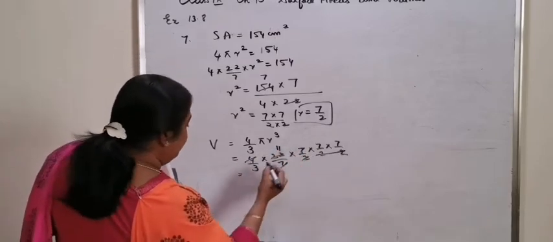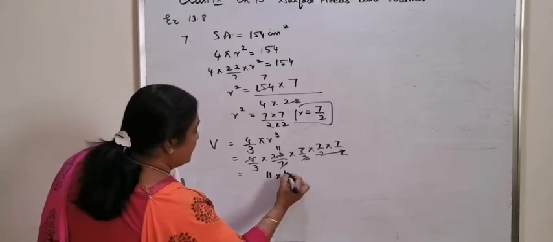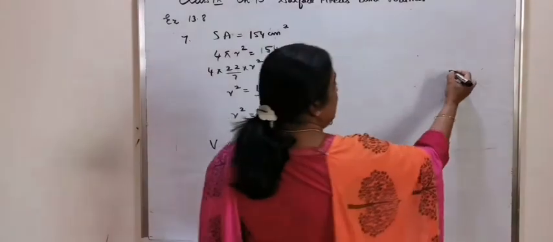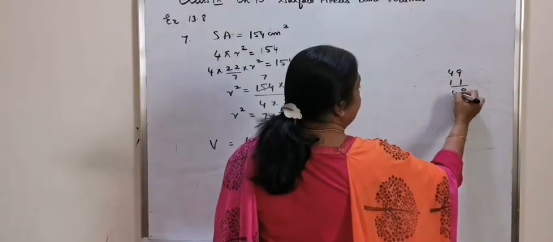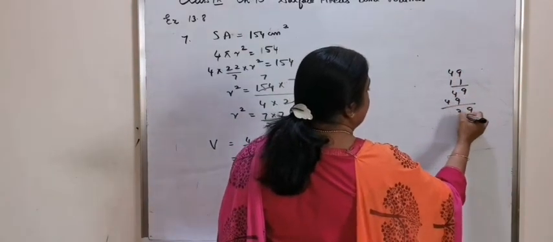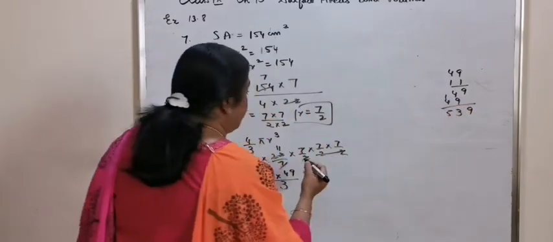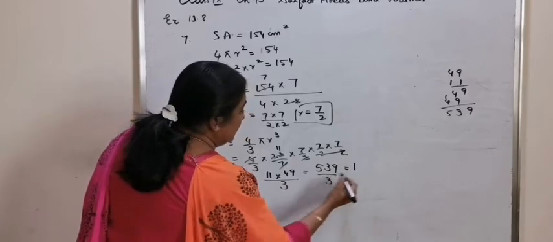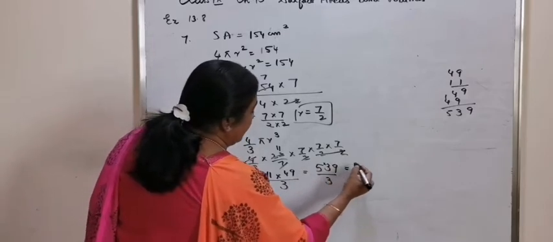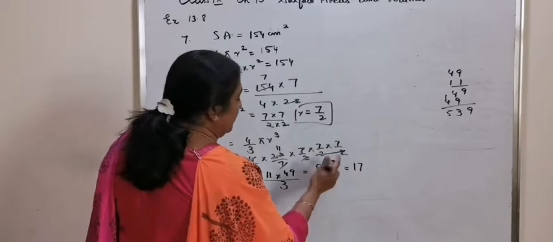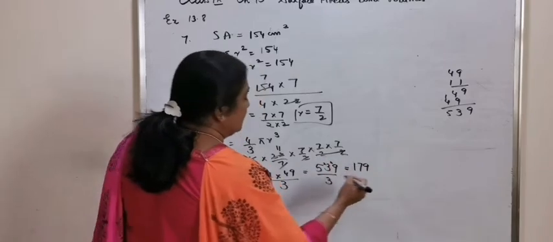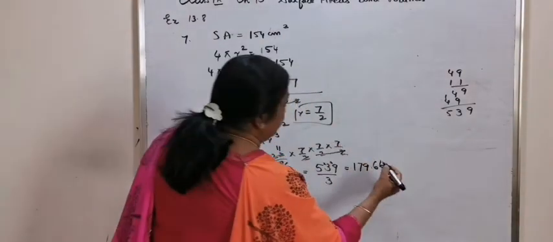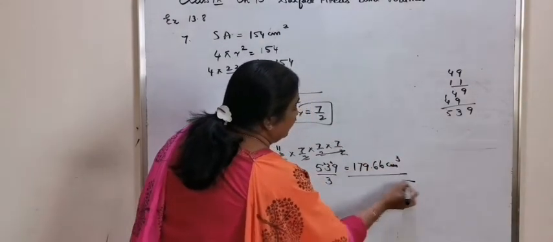So 7 into 11 into 7 sevens are 49 by 3, which is equal to 49 into 11, 539 divided by 3, which is about 179.66 centimeter cube.